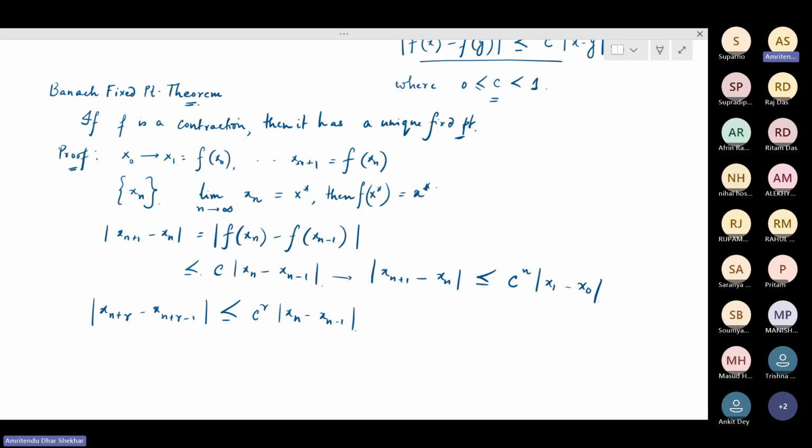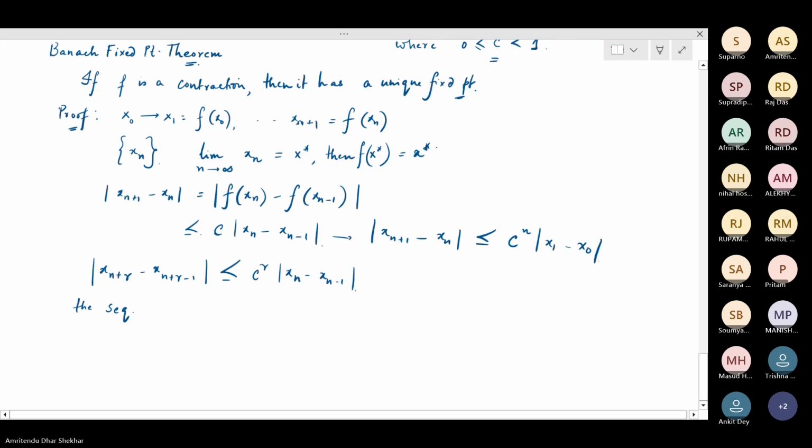And so basically, the sequence xn is a convergent sequence.